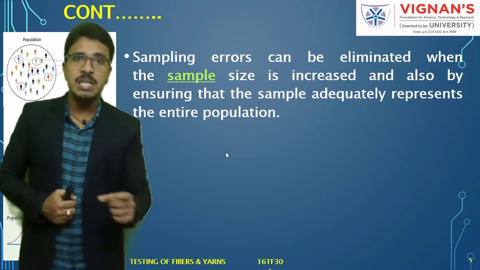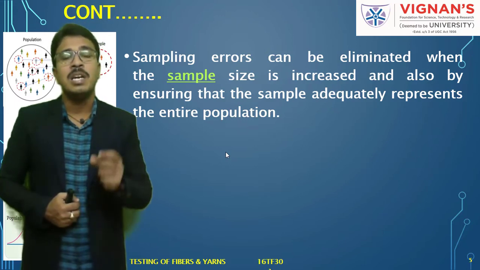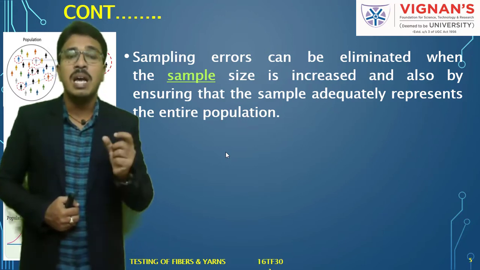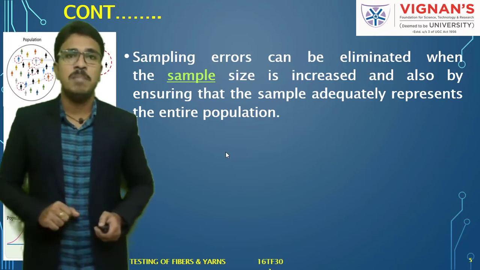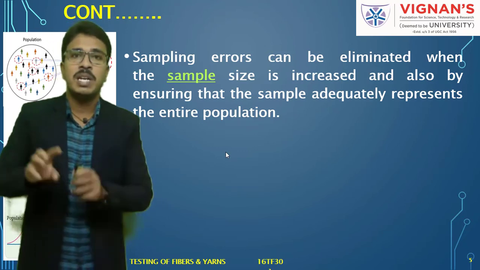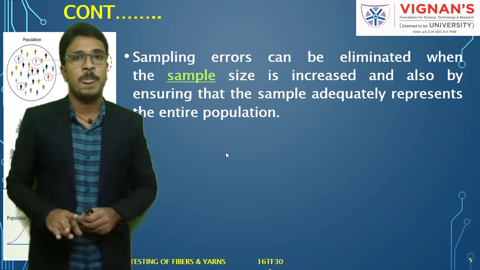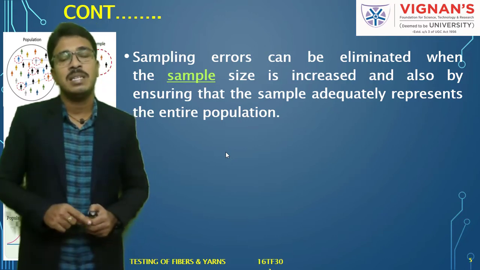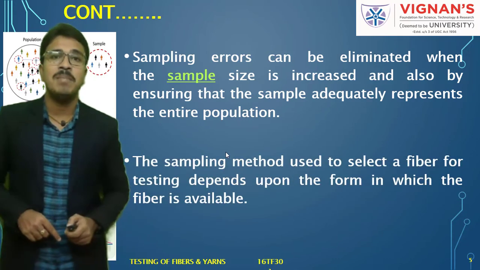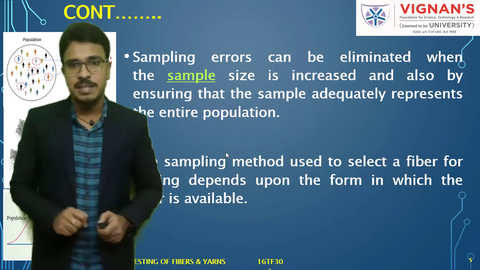The analyst doing the sampling should ensure he is doing the right way of sampling, without any bias. These are the two main ways we can minimize the sampling errors.